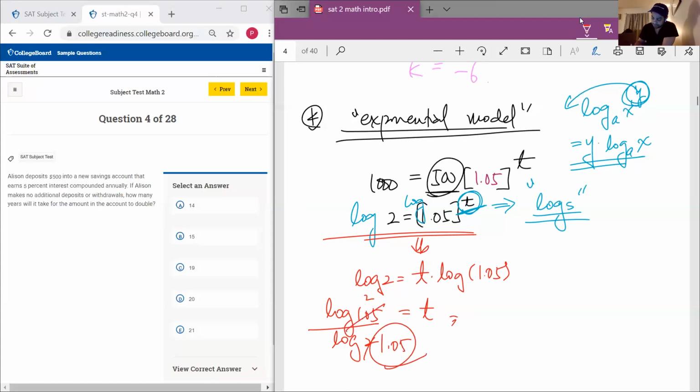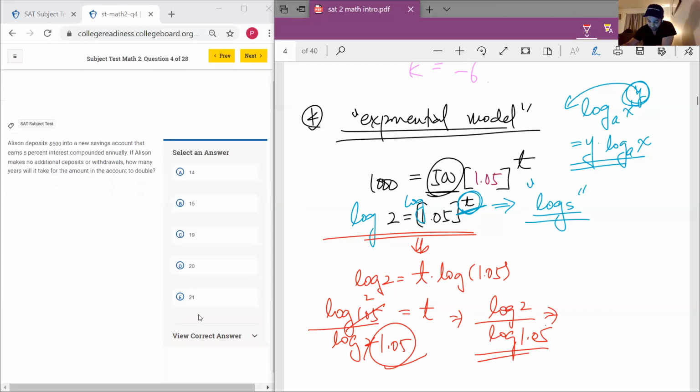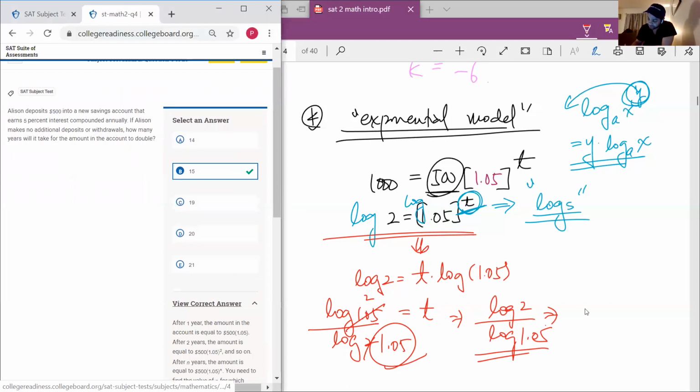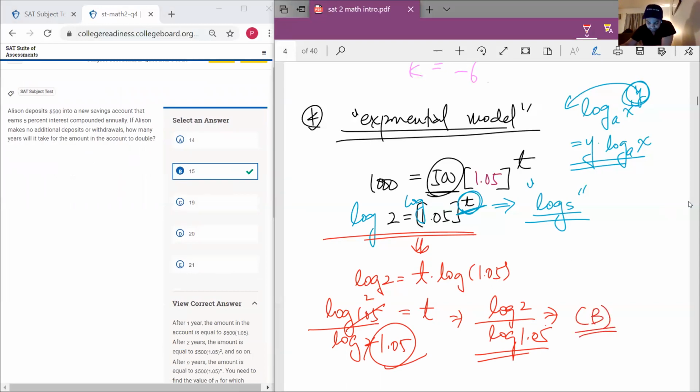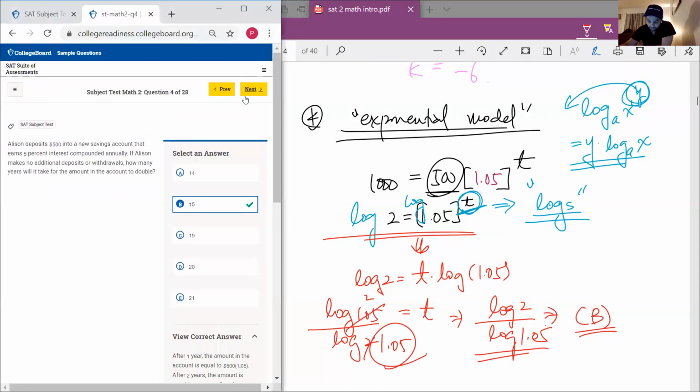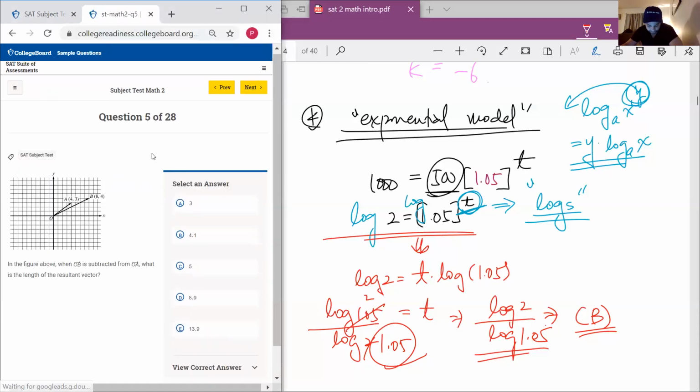Sorry, the other way around. Otherwise, the answer would be less than 0. All right, I don't know what this is. You can just plug into the calculator. So it turns out to be B. All right, next one.